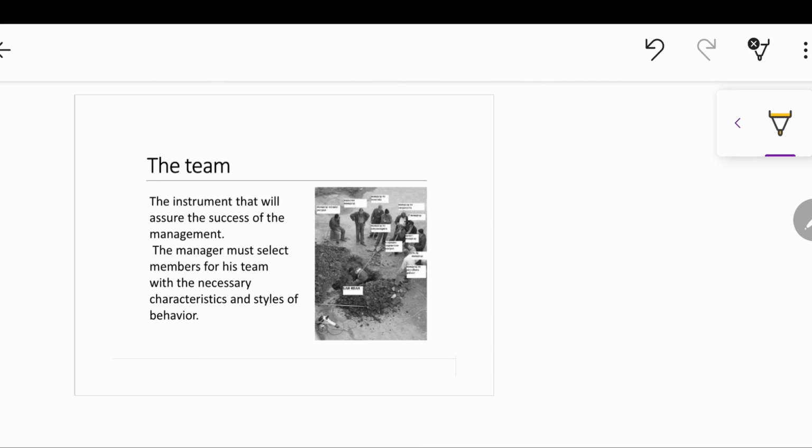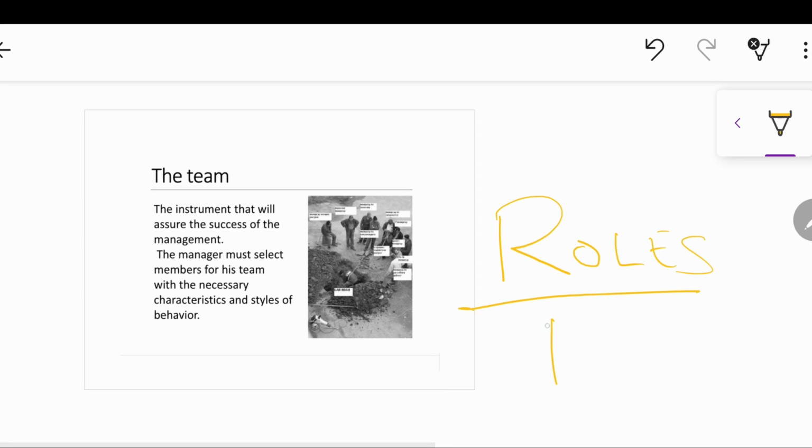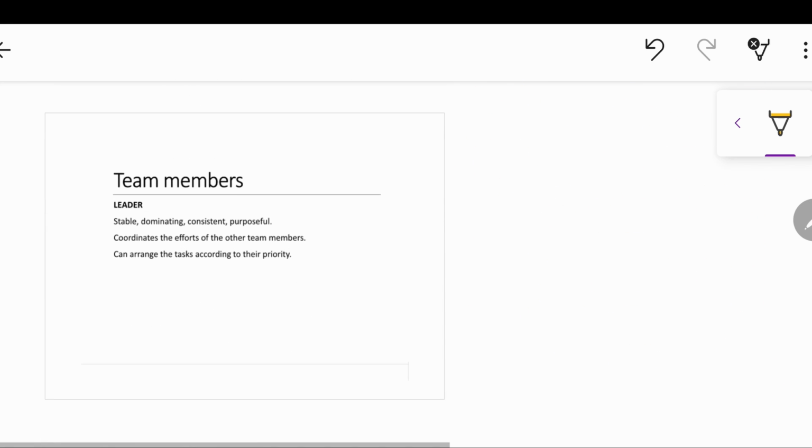Now let's focus on the team. All right, so within a team, especially the informal team, people disseminate themselves into different roles. People have different roles, different personalities, and they will meet those roles depending on their personalities. And these include the following.